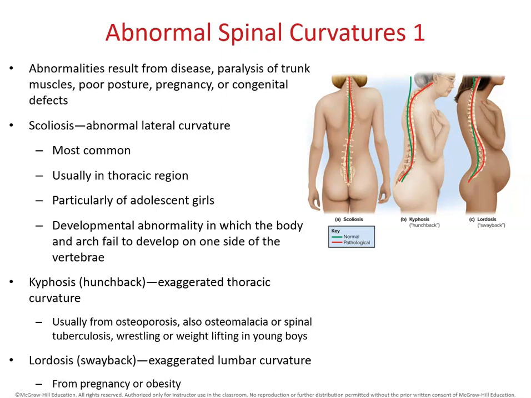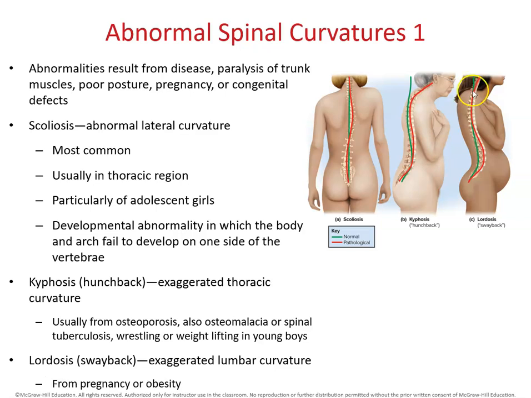It does have a genetic component. If your parents have scoliosis, you may be more likely to have scoliosis. Poor posture can play a role, but really scoliosis is normally just there. It's a congenital thing. It's something people are born with that may become more severe with age.